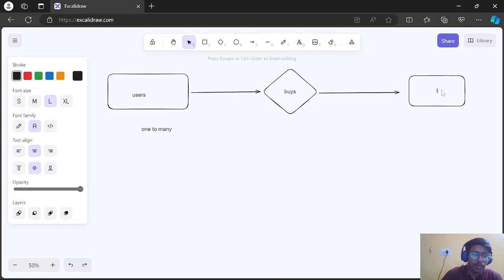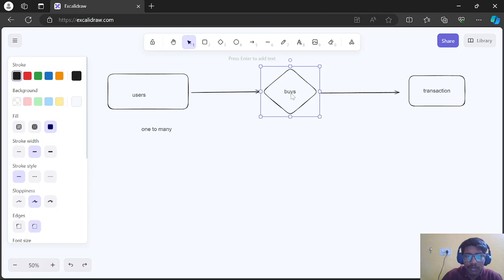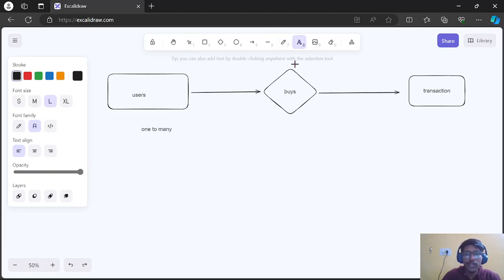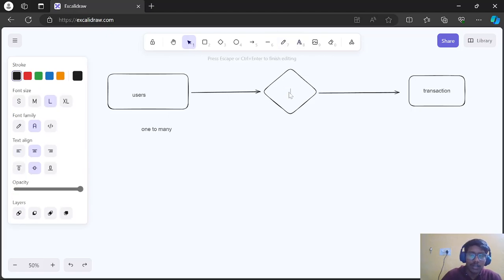Another relationship that involves a user is the user and the transaction. In the previous one we saw that a user buys a product, right? For buying a product he has to make a transaction. So that means a user makes a transaction.